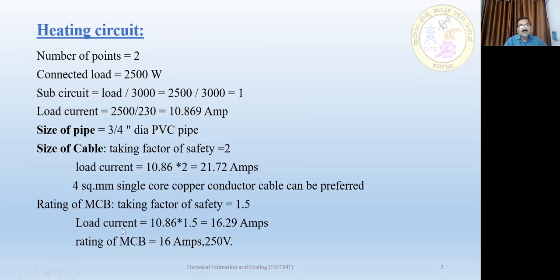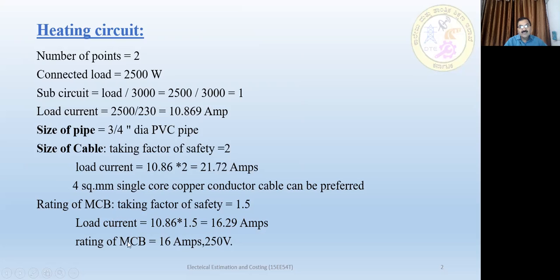So load current becomes 10.86 into factor of safety 1.5, we get 16.29 ampere. This is for selecting MCB for the heating circuit. So after taking 1.5 as factor of safety, the load current becomes 16.29 ampere.